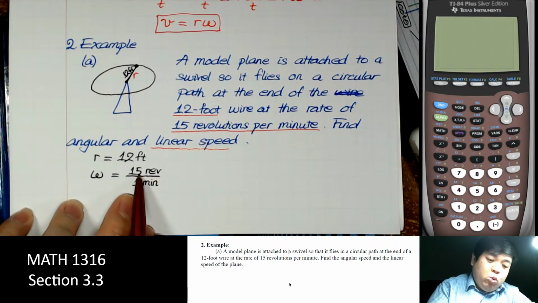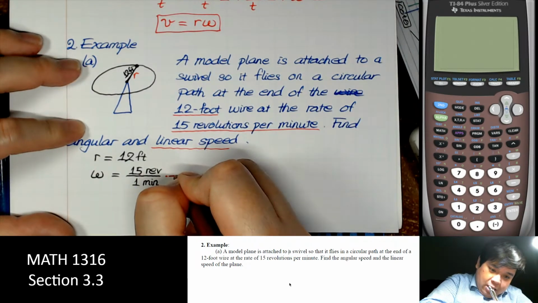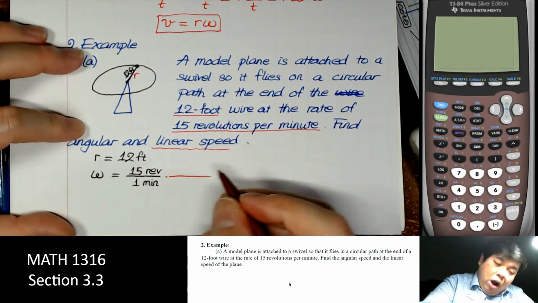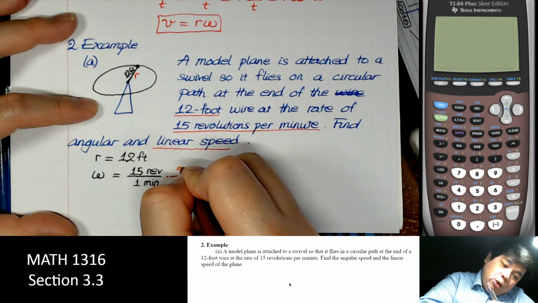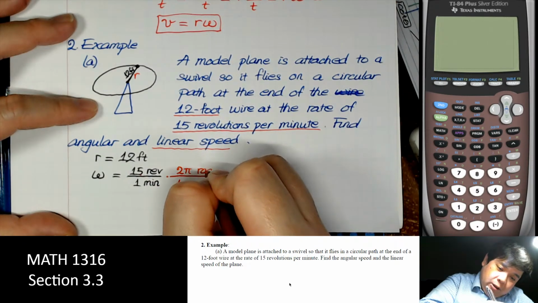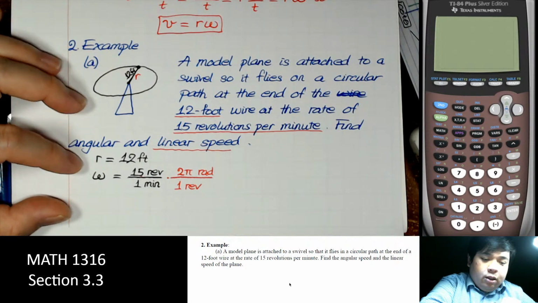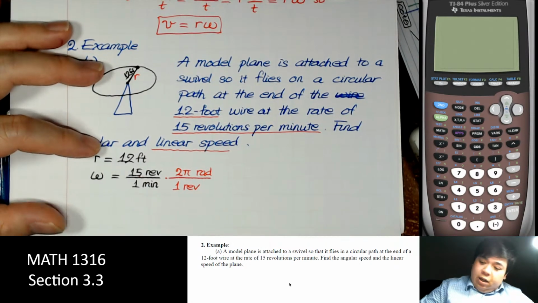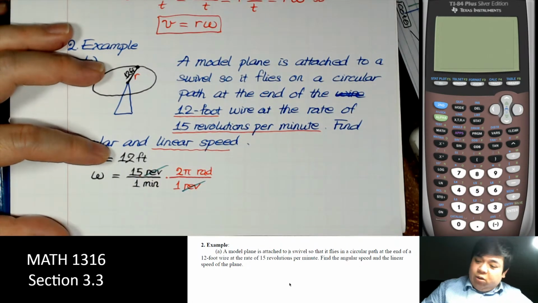By the way, we need to rewrite this with a unit conversion. 1 revolution is equal to 2 pi radians, so that the revolution and revolution cancel out.